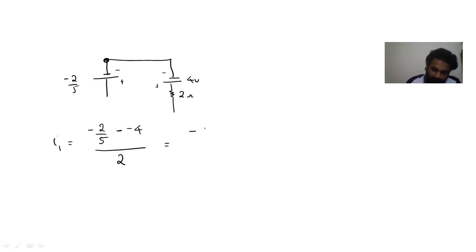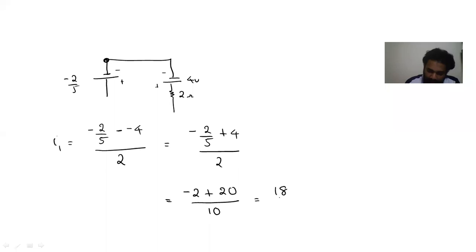So minus 2 by 5 plus 4 divided by 2. Minus 2 plus 4 into 5 is 20, divided by 10. So this is 18 by 10, which is 1.8 ampere. So I1 we are getting as 1.8 ampere.